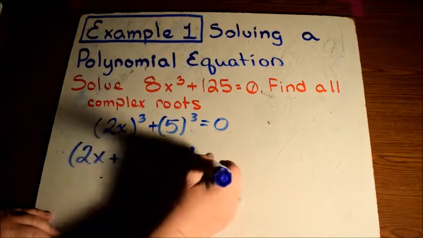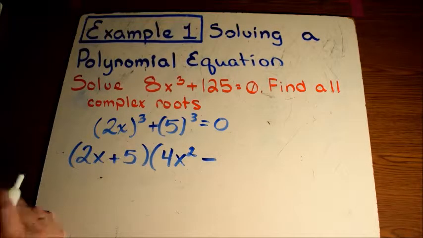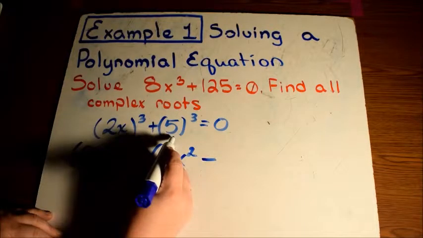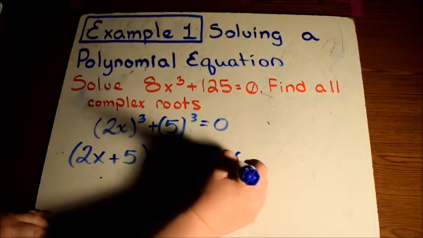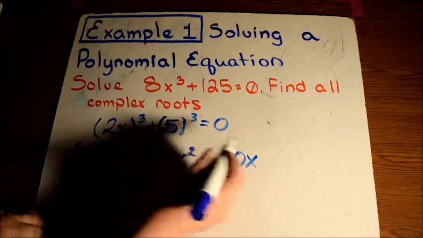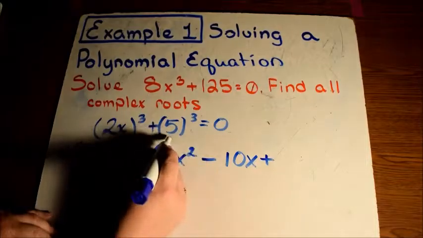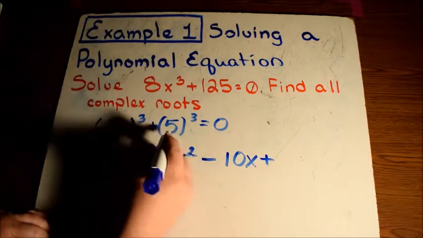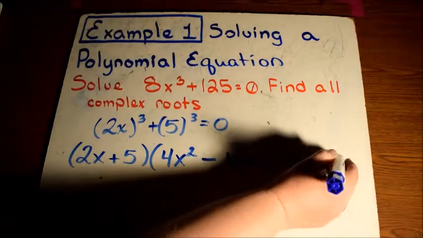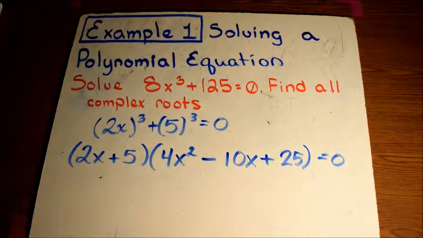This is a plus, so this has to be a minus. Now a times b, or 2x times 5, which is 10x, and then finally plus b squared, or 5 times 5, which is 25. This equals 0.